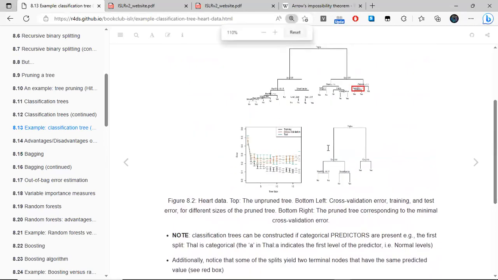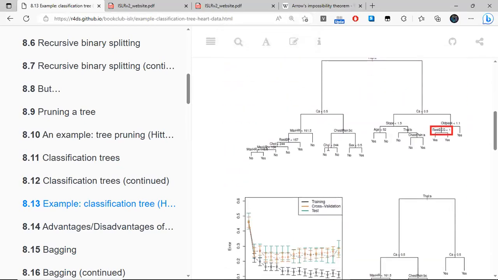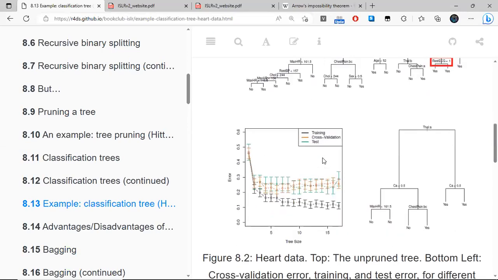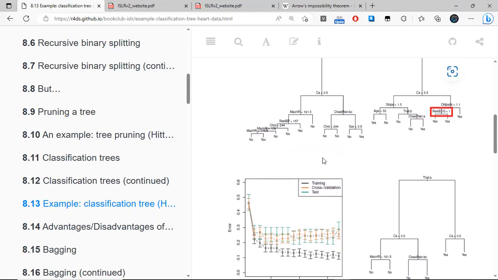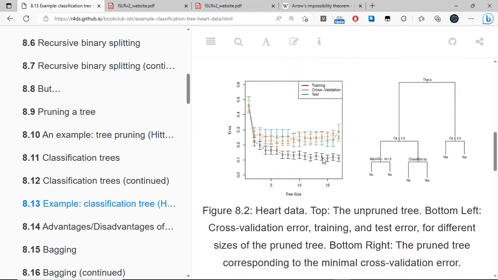In the example with cholesterol smaller than 244, both of the regions have a predicted value of no. That is, in both regions, the most common class was no. So why did we bother splitting that region at all?